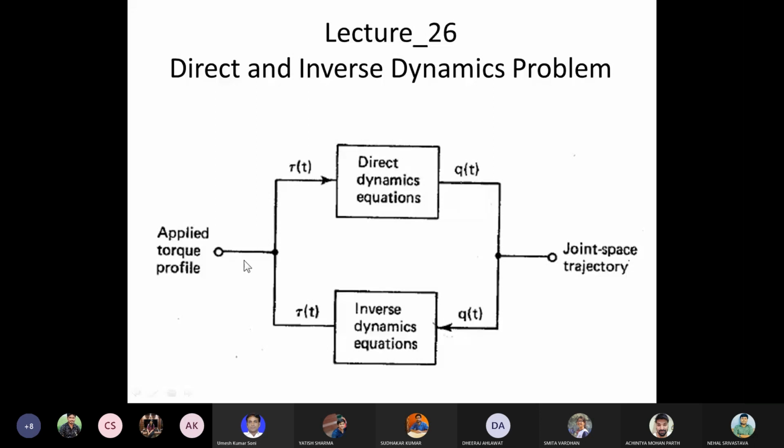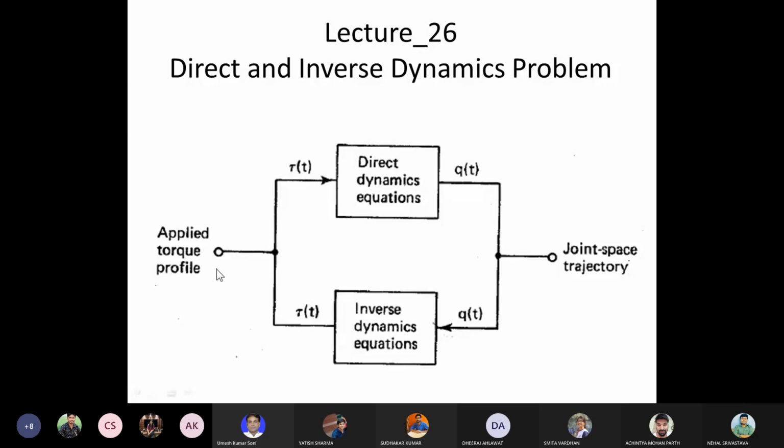This is the diagram. Okay, what is the direct problem?